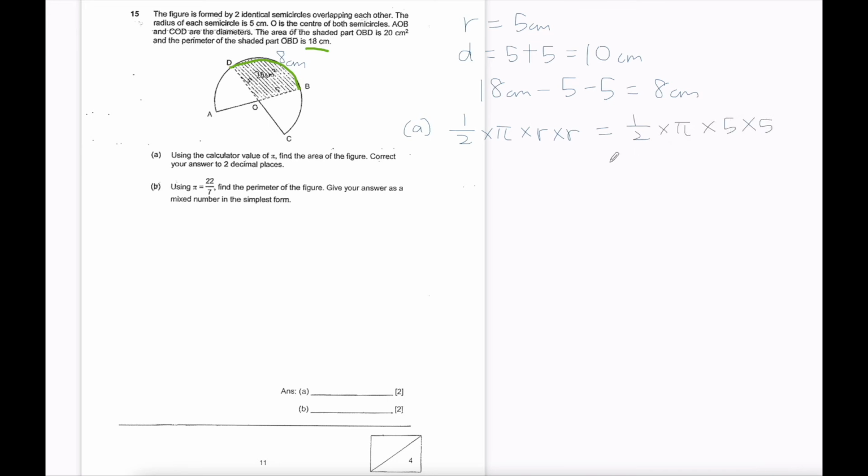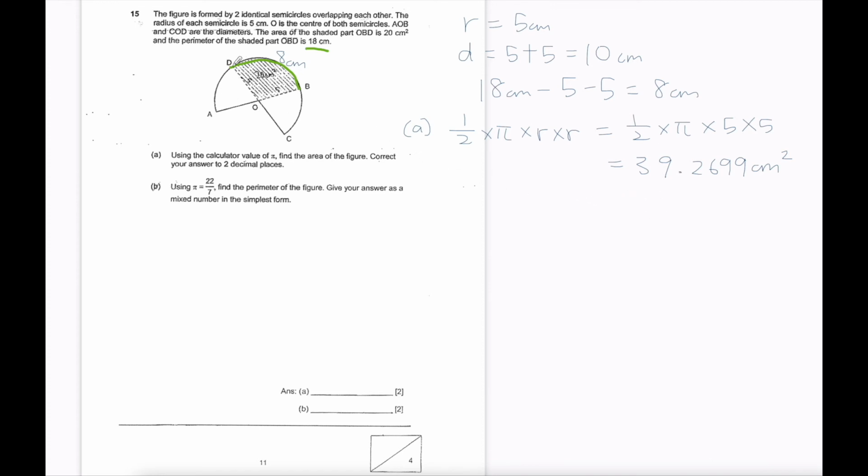I'm going to get 39.2699 cm square. I'm leaving it in 4 decimal places because we need to round to 2 decimal places later, and I'm not done with the question yet, so I like to leave a few more numbers than I need. So it's more accurate. This is the area of one semicircle.